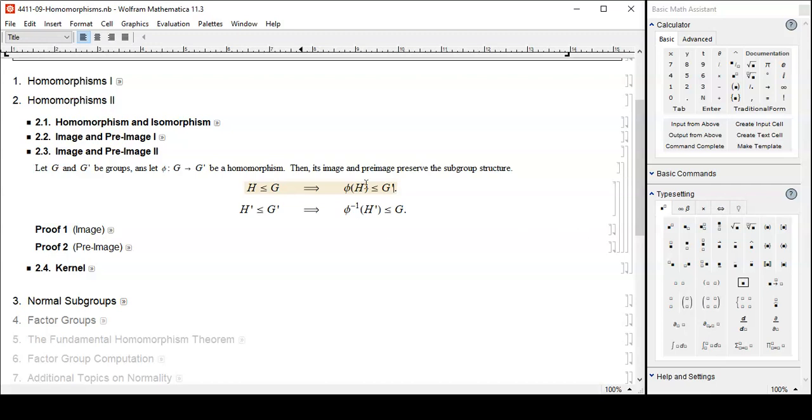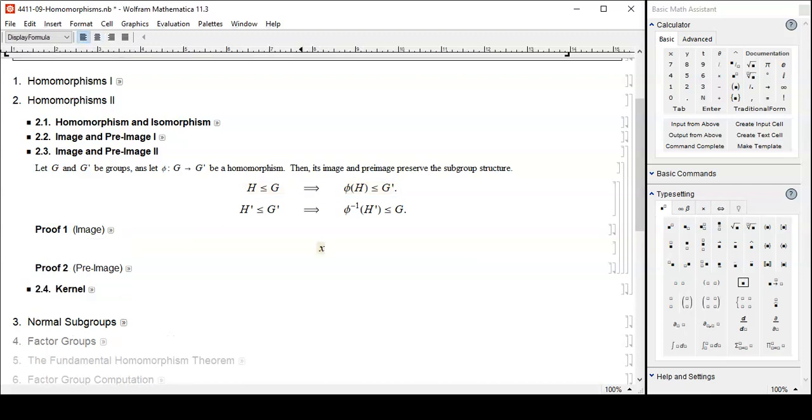So we have to prove that phi of H is closed. If X prime and Y prime belong to phi of H, then X prime times Y prime must belong to this image as well.